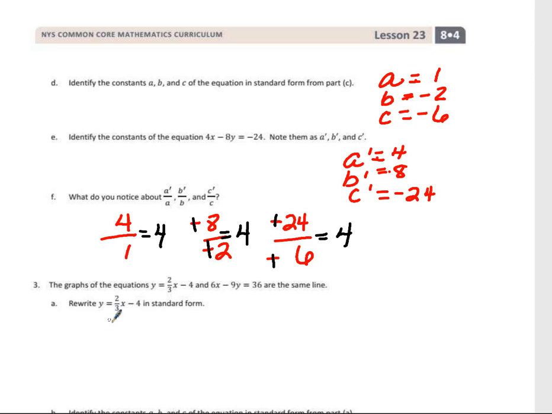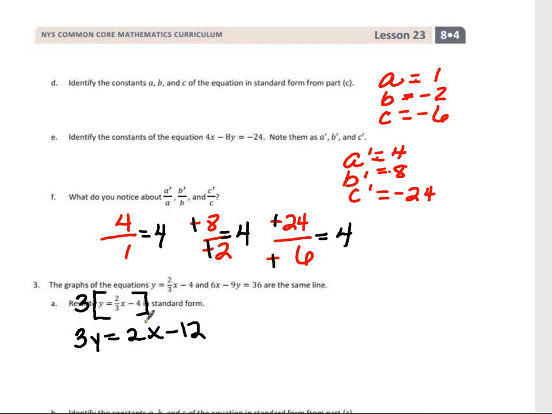But if we write these in standard form, I'm going to take this whole thing before I begin and multiply it by 3. Now remember, why am I doing that? Yeah, I don't like this denominator of 3, so if I multiply by 3, it will always cancel. So now distribute your 3, and you'll have 3y equals 2x minus 12.